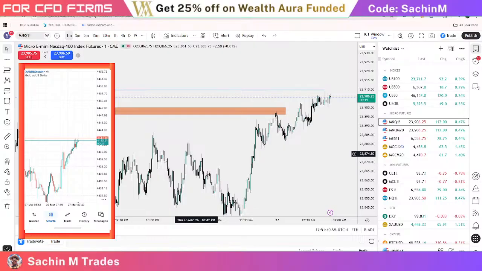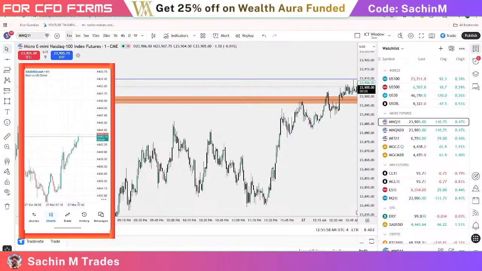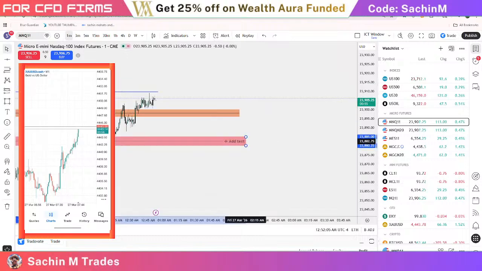But once we get close to this, if that is not a valid inversion fair value gap, then the next valid inversion fair value gap is this one. Either one of these will be used to push the prices higher once we get past this level.